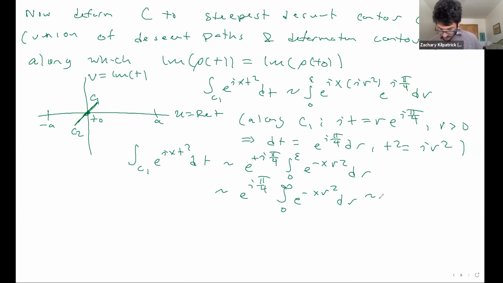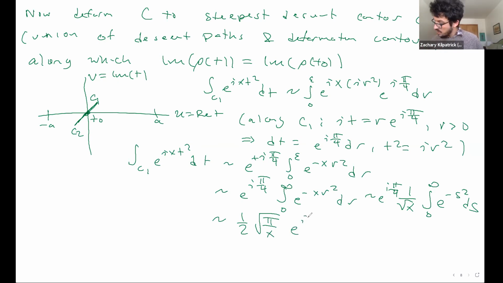And evaluating that integral by a change of variables, I can get that it's 1/2 square root of pi over x e to the I pi over 4. Okay.